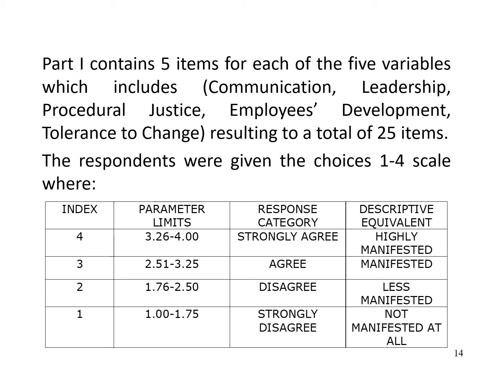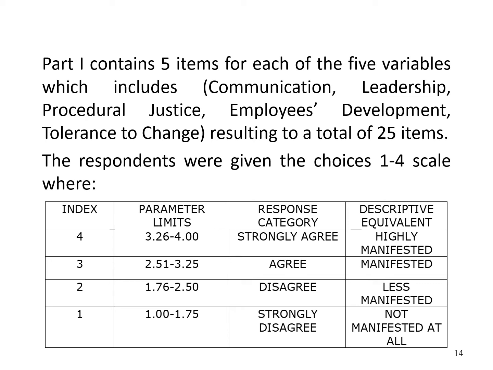Part 1, so it means to say that as I have composed my questionnaire, I describe it in the research instrument portion, part of the research methodology. So the part 1 contains 5 items for each of the 5 variables, which include communication, leadership, procedural justice, employees' development, and tolerance to change.